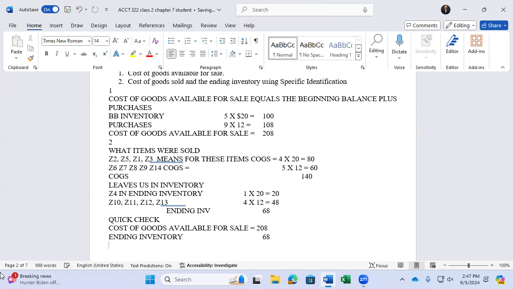And so I expect my cost of goods sold to be equal to 140.